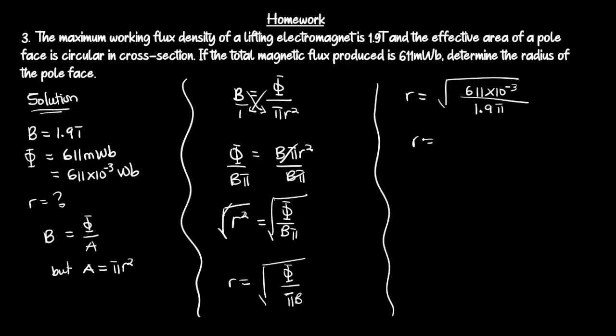If I introduce this into my calculator, the root of 611 times 10 raised to the power minus 3 all over 1.9 pi, the root of all this ratio, will give me a radius of 0.3199 meters, which I can approximate to 0.32 meters as my answer.